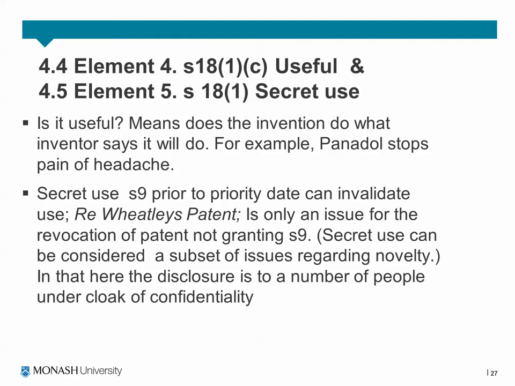Similar with our bionomics patent, if it does not reduce anxiety in patients, it's not useful. Again, as I described, secret use is use prior to the priority date or the date of filing, and it will invalidate the patent because it is a form of anticipation.